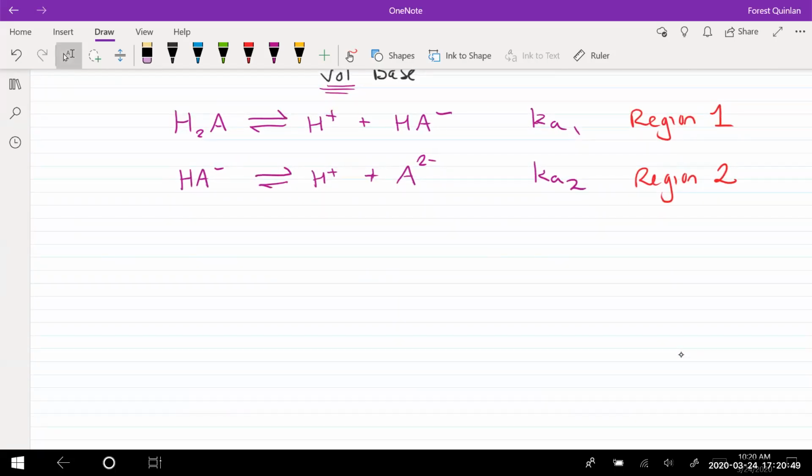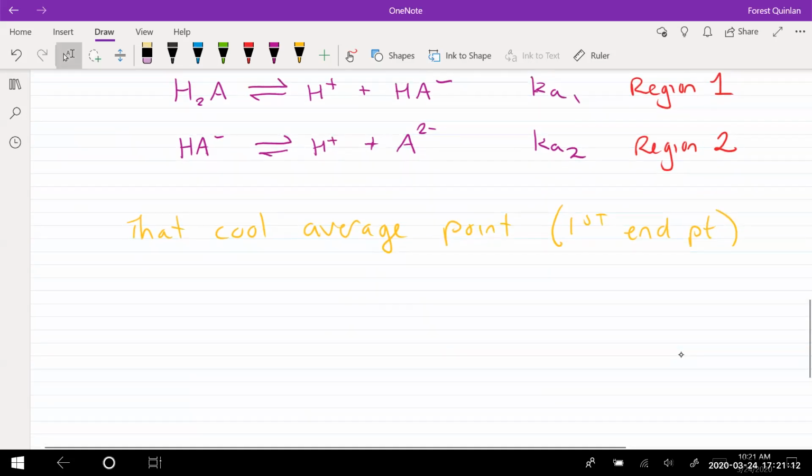That cool average point, meaning the first endpoint. Now, what do we have here?